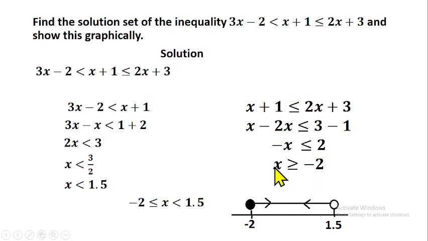The range of values of s that is greater than or equal to minus 2, where are they? They are this side, so that means the arrow goes this way. Then the range of values of s that is less than 1.5, where would they be? They will be at this side, so that means the arrow goes here, and the two arrows will join together at the end of the day. Do you understand that? It's quite simple.